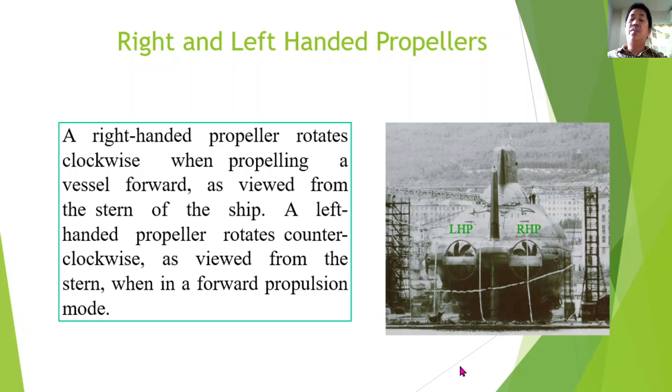So if twin propellers, one should be turning left-handed and the other right-handed, clockwise and counterclockwise, so that the vessel can be properly maneuvered and run straight. If both are the same left-handed, the vessel cannot run straight forward. So it should be in opposite directions if it is a twin propeller.